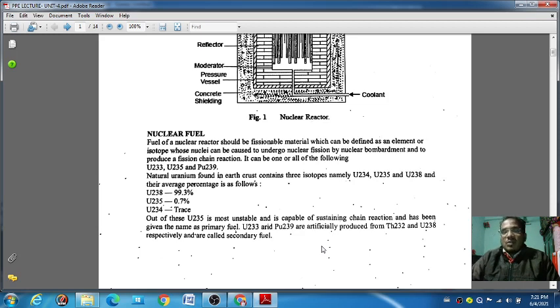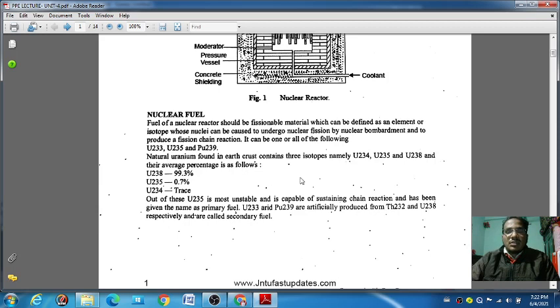Okay, so it can be one or all of the following. Different types of nuclear fuel are used as per our requirement: U233, U235 and PU239. We will discuss the names U and PU later.